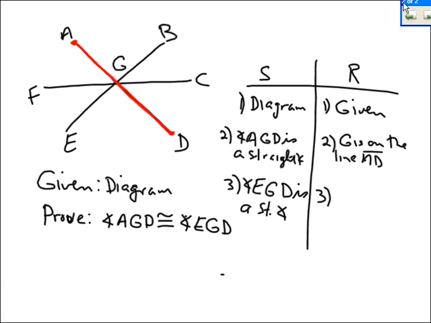Basically, if you pick G and you go to D and you go to A, it's a straight line, then that's 180 degrees. It's a straight angle.